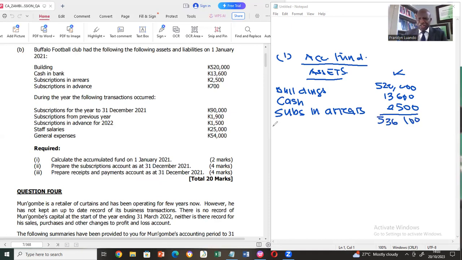Then we have the liabilities. The liabilities here we have subs in advance. Subs in advance, that's the liability, 700.